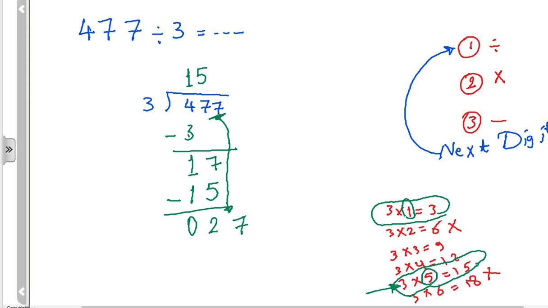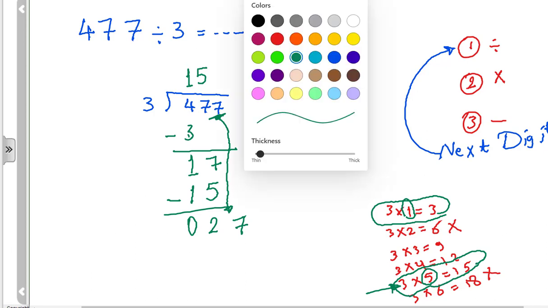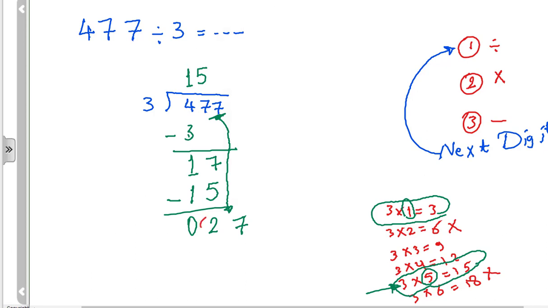And everyone now knows from where we get the 2 and from where we get the 7. The 2 is the remainder of 17 minus 15 equals 2. And the 7 is the next digit.